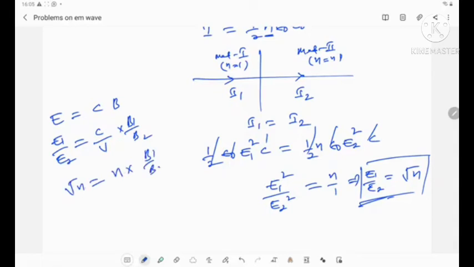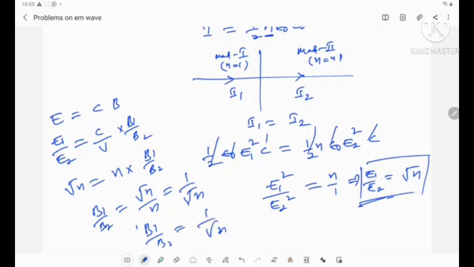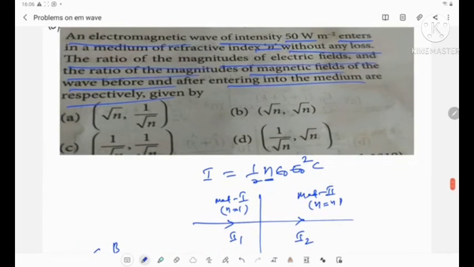Then B1 by B2 is equal to root n by n, which becomes 1 by root n. So E1 by E2 is root n, B1 by B2 is 1 by root n. Therefore, A is correct.